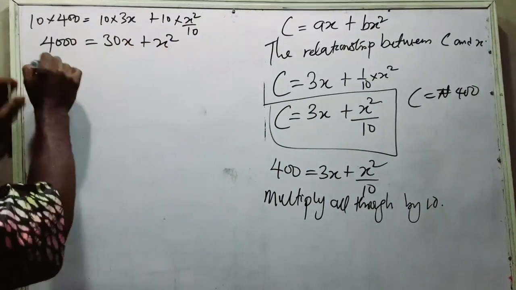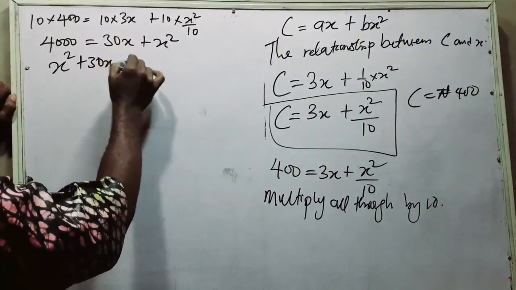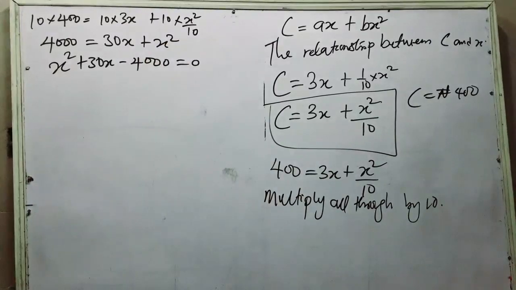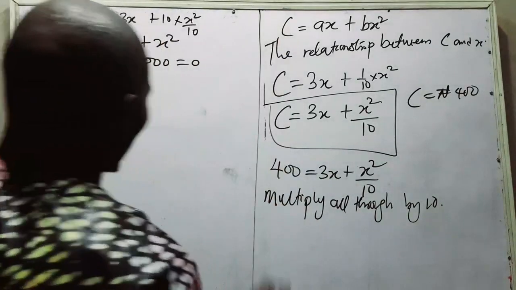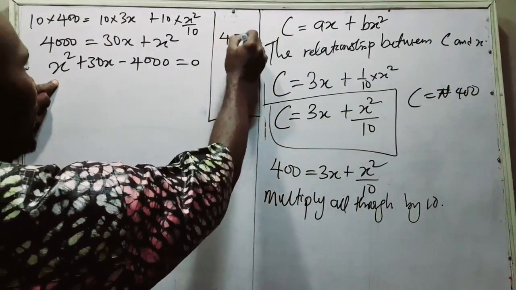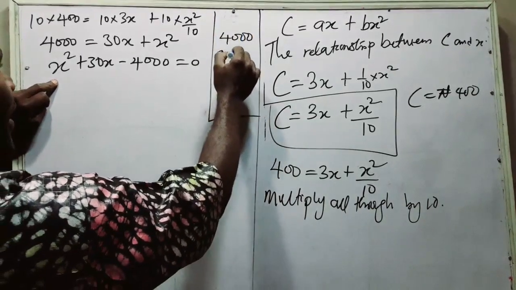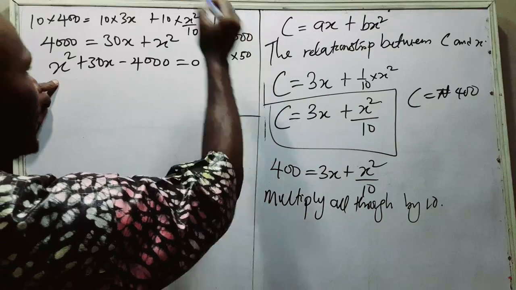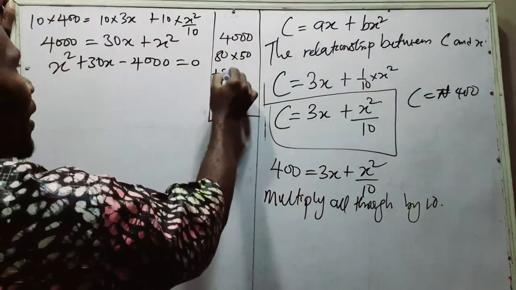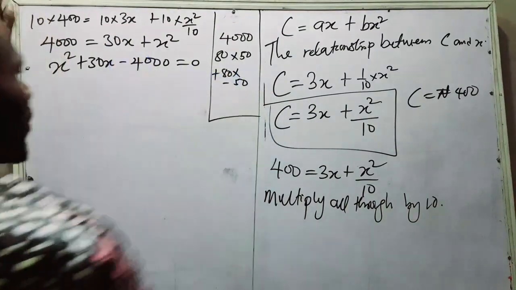So let's put the equation together: x squared plus 30x minus 4,000 is equal to 0. As we understand how to solve quadratic equations, 4,000 can be gotten by having 80 times 50. If we have plus 80 multiplied by minus 50, we surely get minus 4,000.